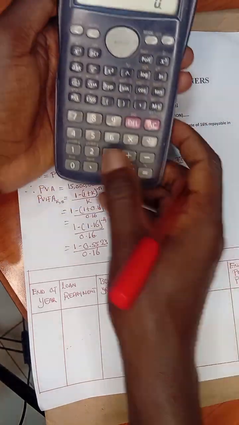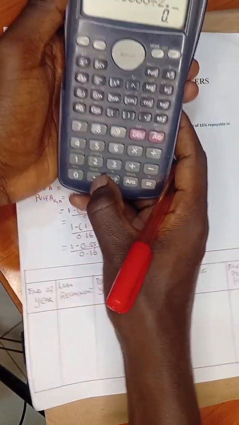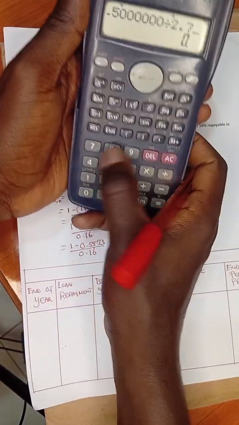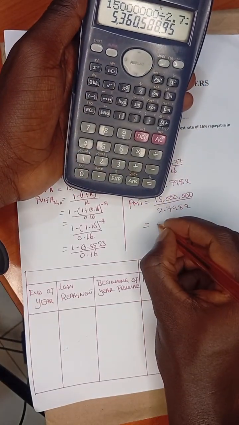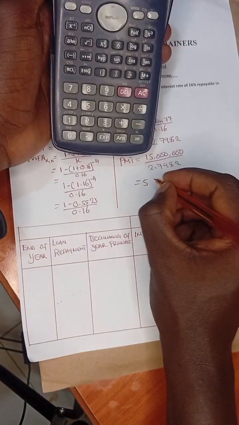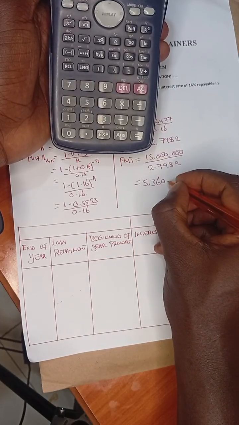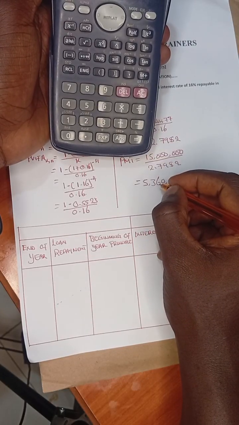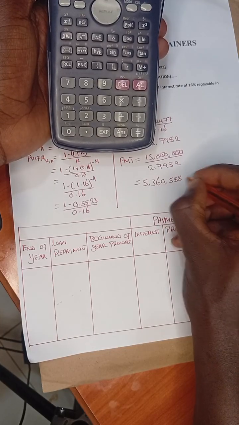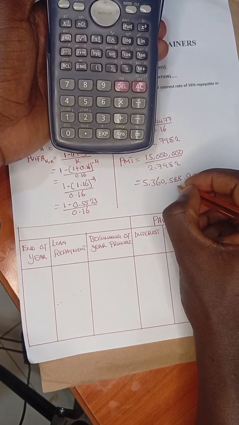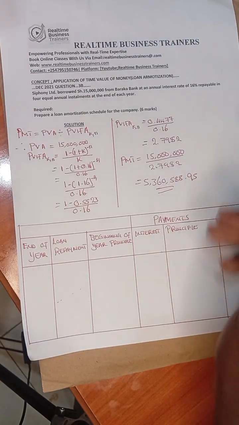When you get that amount, 15 divided by 2.7982, you get 5,360,588.95. I hope if you calculate very well, that is the answer.